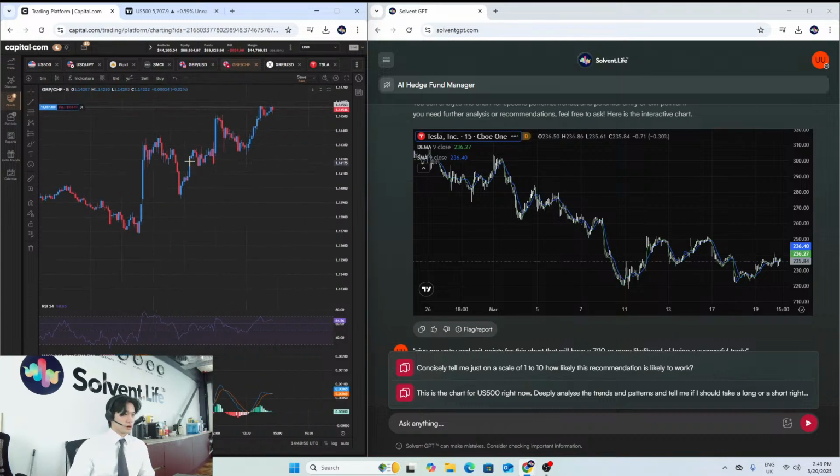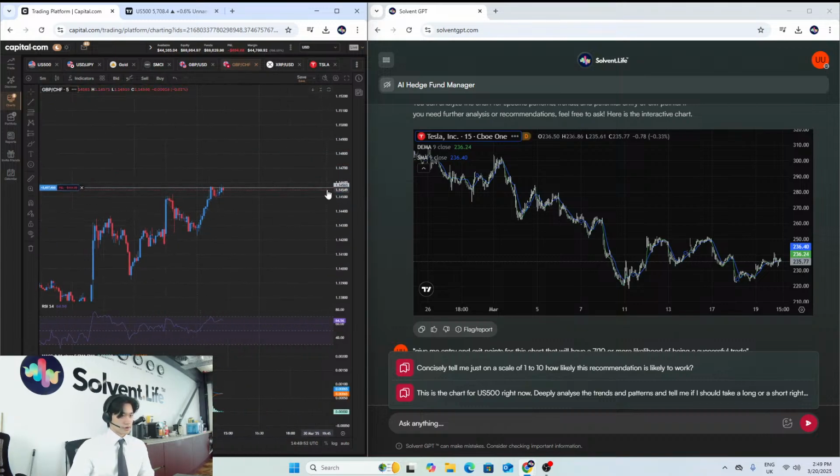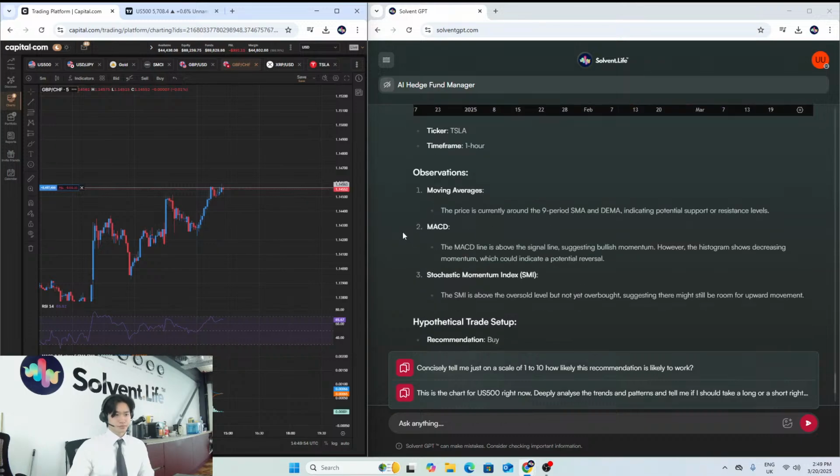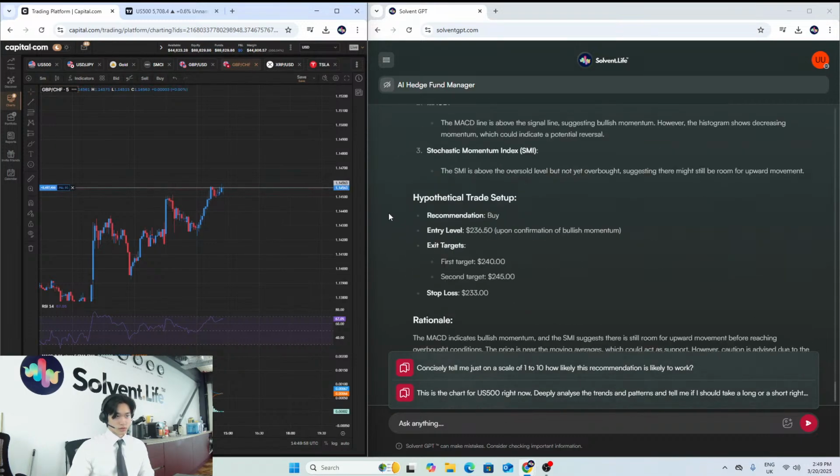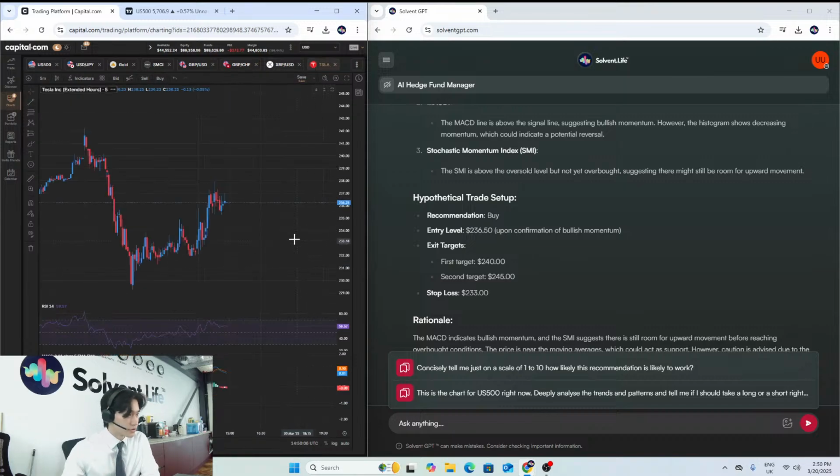That is very plausible. We've been given a trade here for Tesla on the 1 hour. First target 2.4. Let me go back to this chart. 2.4 is here.